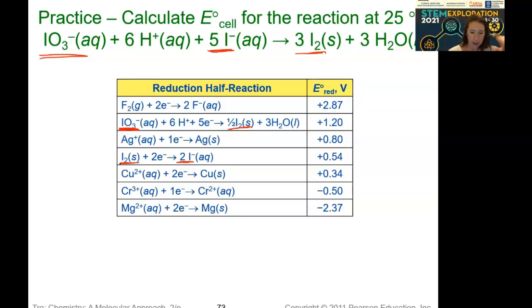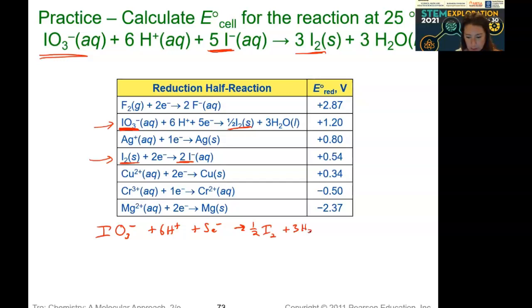So when we do this one here, we need to kind of see what's going on with this one. So we got IO3 minus, so let's just write what we have. So it looks like we have obviously these two reactions, right? So we've got IO3 minus plus 6 H pluses plus 5 electrons goes to 1/2 I2 plus 3 waters.